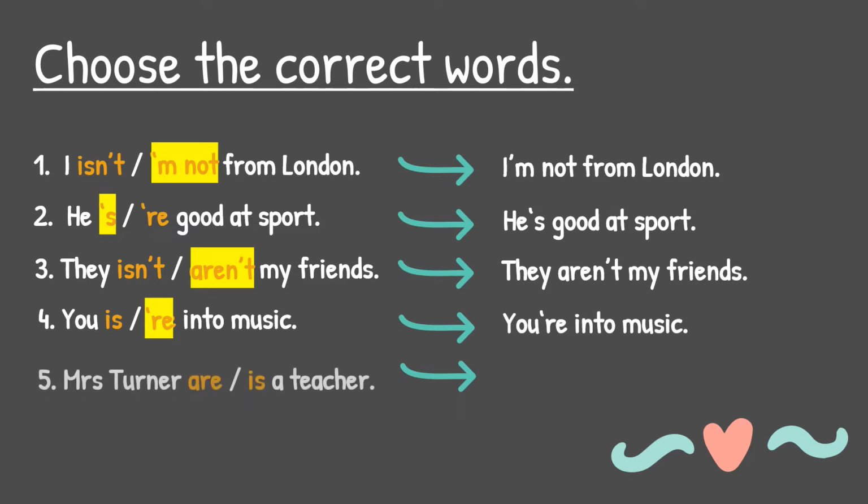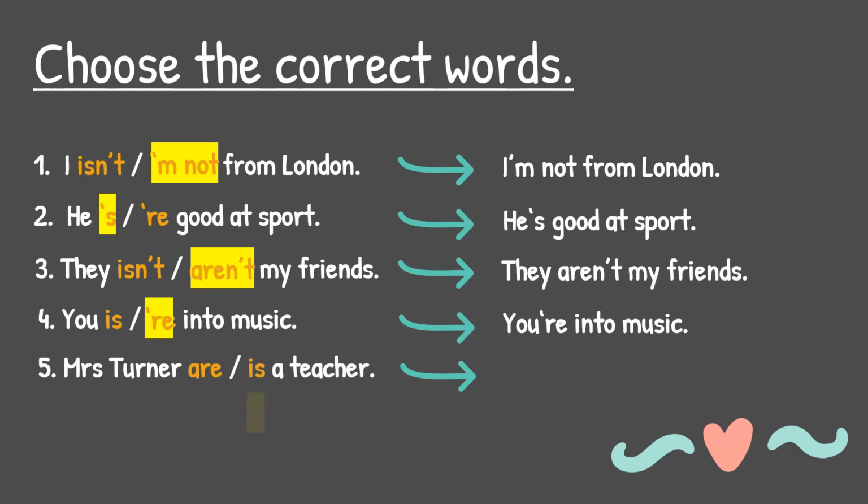And the last one, number 5. Mrs. Turner are or is a teacher. What's the keyword there? The keyword is Mrs. Turner. So what's the answer? Are is for plural. Is for singular. So the answer is Mrs. Turner is a teacher.